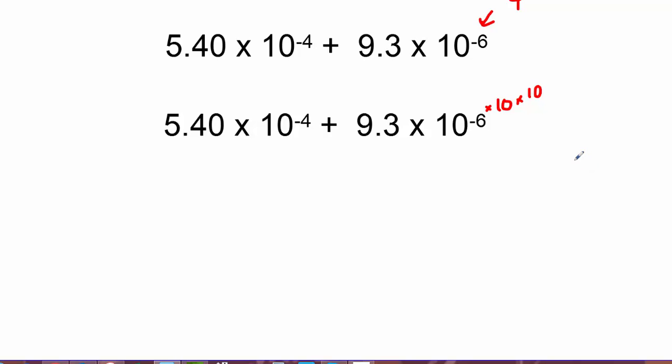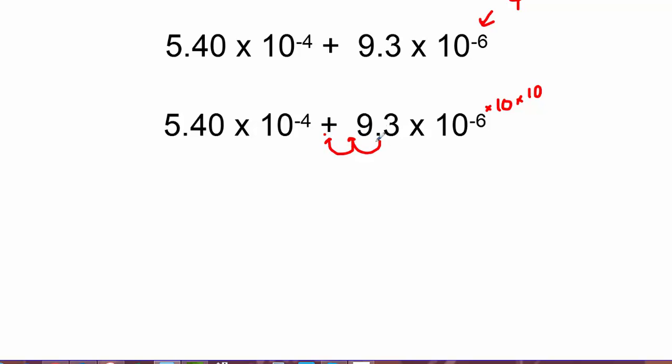And whenever we make our exponent bigger, or a power of 10 bigger, we need to do the opposite to our digits to compensate. So if I've gone up by 2 exponents, that's representing a bigger number. I need to go over to the left by 2 decimal places. So 1, 2, and I'm going to put that new decimal place right there.